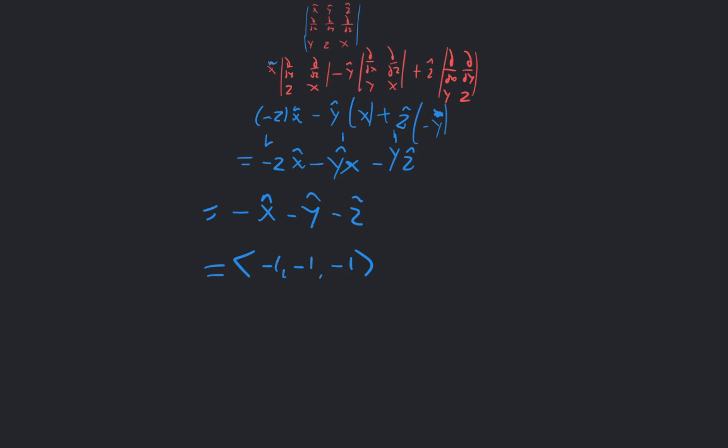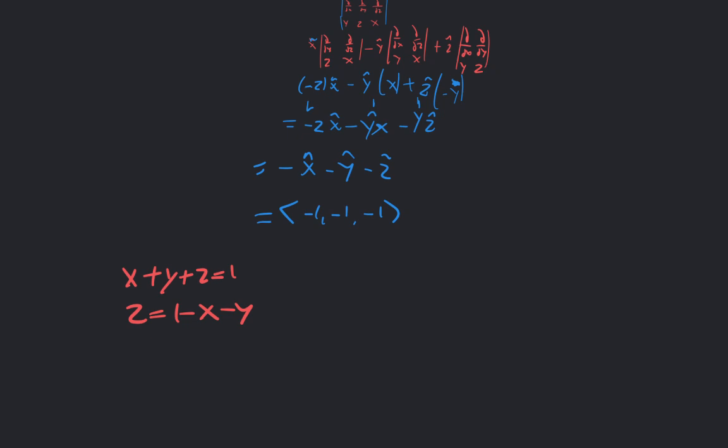And for our surface, we said x plus y plus z is equal to 1, or z is equal to 1 minus x minus y. So when we parameterize, we're going to say our r of u, v is going to be u x unit plus v y unit plus 1 minus u minus v z unit.